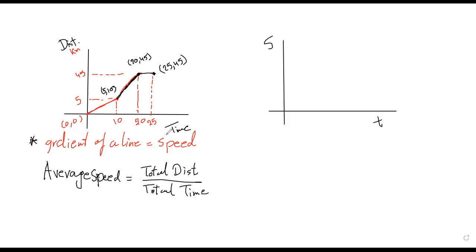Whereas in the speed time graph, if I'm starting my way, for a certain time my speed was, let's say, 10 kilometers per hour. Then I stopped at a petrol station for, let's say, 10 minutes. Then I went back home. So this shows that the speed is 0.